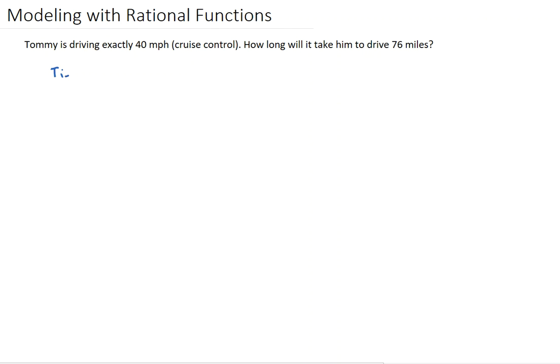The time it takes you to drive a distance is equal to the miles divided by the rate, or the miles per hour. So in this case, what we would want to do is take 76 divided by 40, which gives us 1.9 hours.